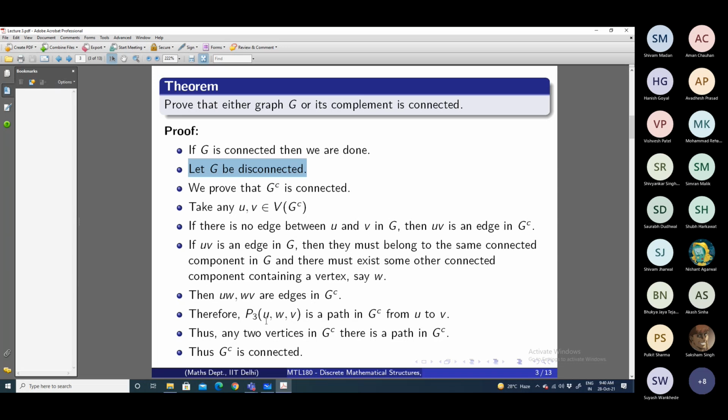Therefore U, W, V forms a path in G complement from U to V. So we prove that if we choose any two arbitrary vertices U and V, then either UV is an edge in G complement or there is a path from U to V in G complement. Therefore G complement must be connected.